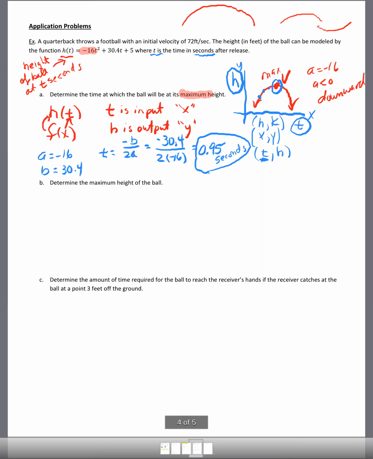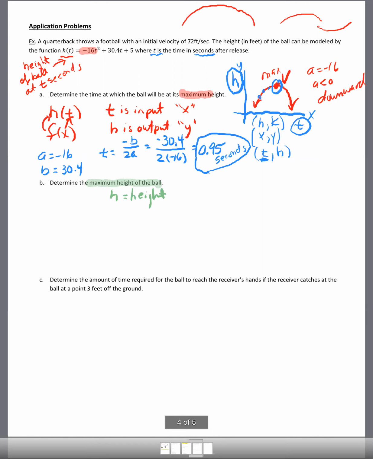Traditionally, they almost always ask you now the second part of the vertex. And in this case here, they did us right by saying, what's your maximum height of the ball? So in this case here, I'm actually now solving for h, which is height of the ball.